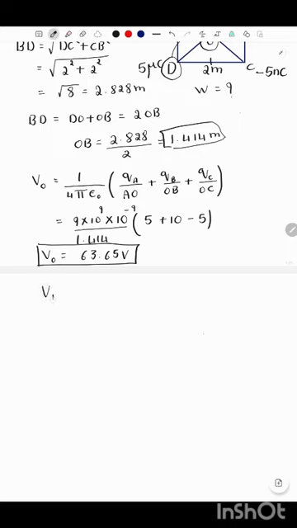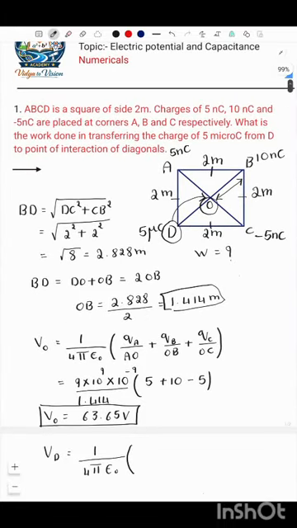So Vd is equal to, that is the same formula, 1 by 4 pi epsilon naught. Okay, now see here in the diagram, QA is the charge, 5 nanocoulomb. The distance between QA and D is AD. Okay, this one we have to take.